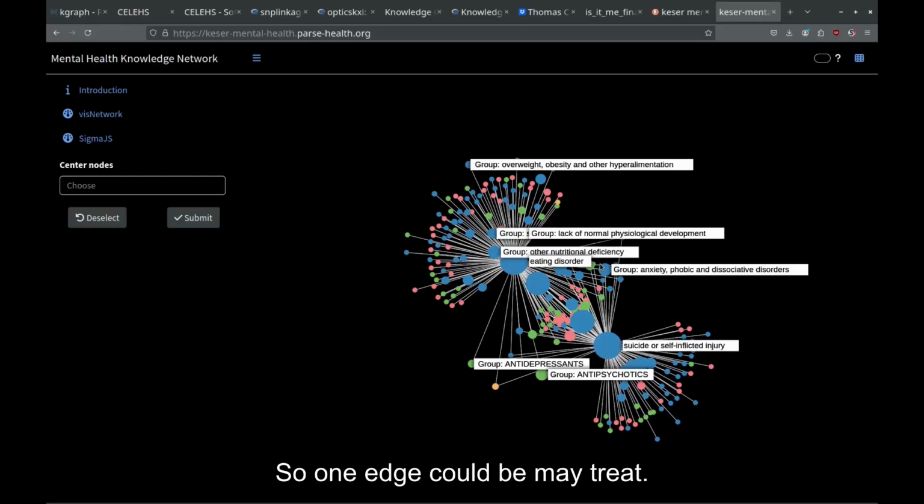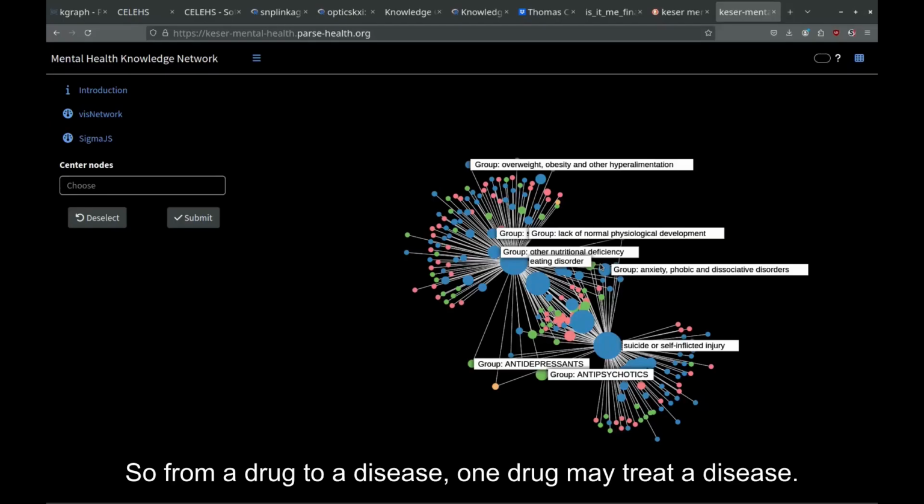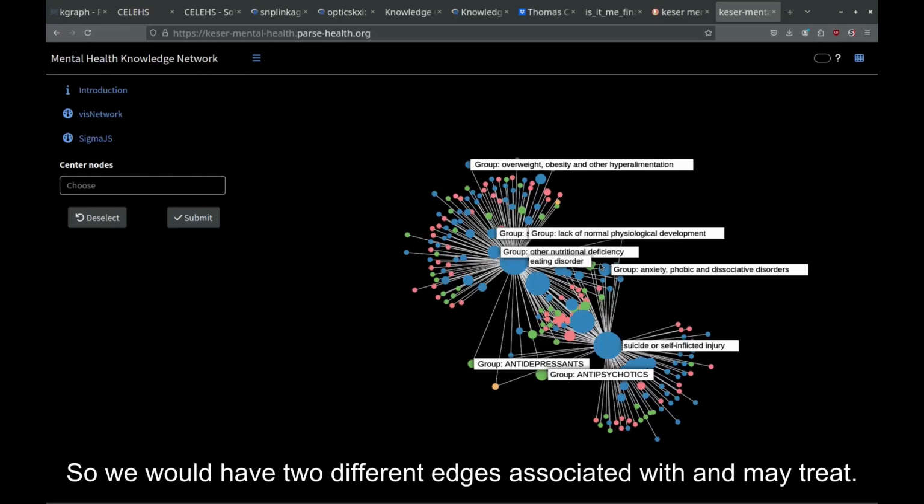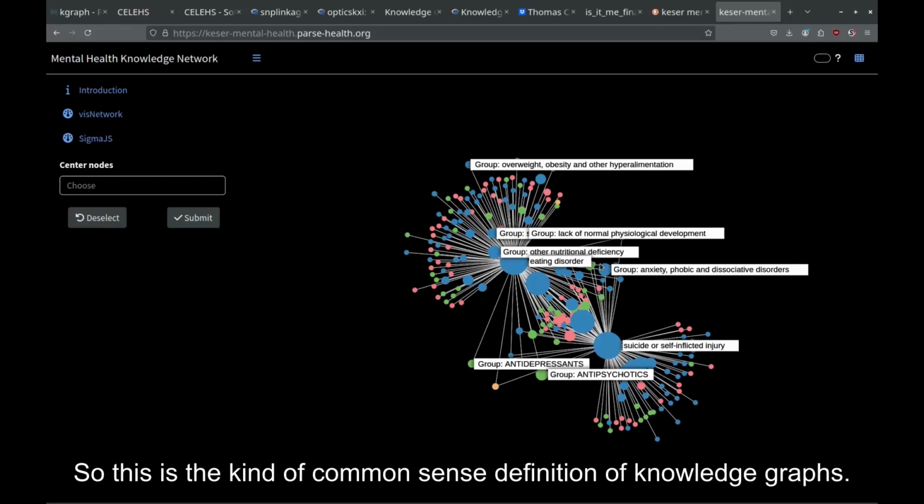So one edge could be may treat. So from a drug to a disease, one drug may treat a disease. And a laboratory test may be associated with a disease. So we would have two different edges, associated with and may treat. So this is the kind of common sense definition of knowledge graphs.